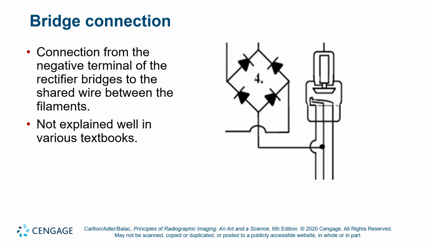So when you hit the prep switch, electrons are just going up and down the filament circuit and returning to the filament transformer. They're not going back into the rectifier because there's no voltage at the rectifier.